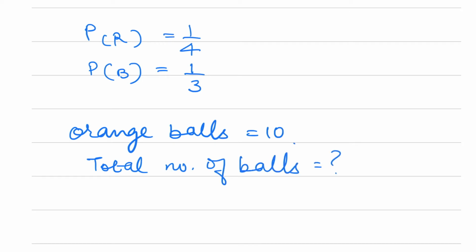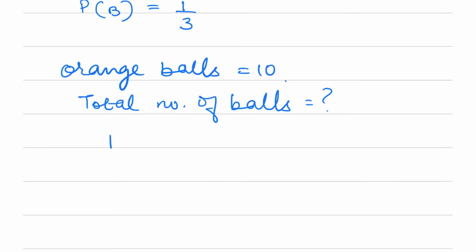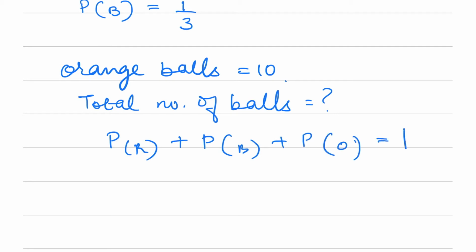And we already know the sum of all the probabilities. Probability of red ball plus probability of blue ball plus probability of getting an orange ball will be equal to 1. So we have probability of red ball is 1 by 4 plus 1 by 3 plus probability of getting orange ball is equal to 1.